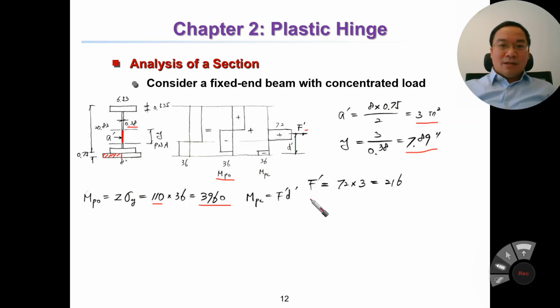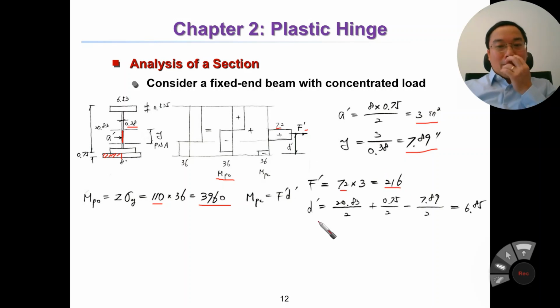What is F prime? F prime equal to 72 multiplied by 3. Here's 3, and multiply by 72 here, equal to this one.